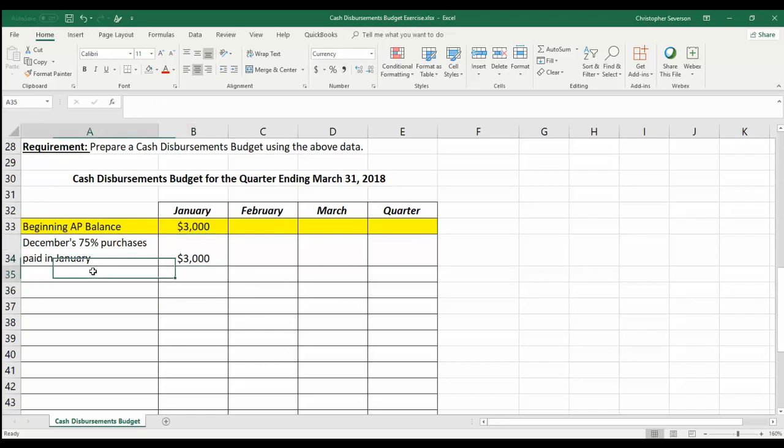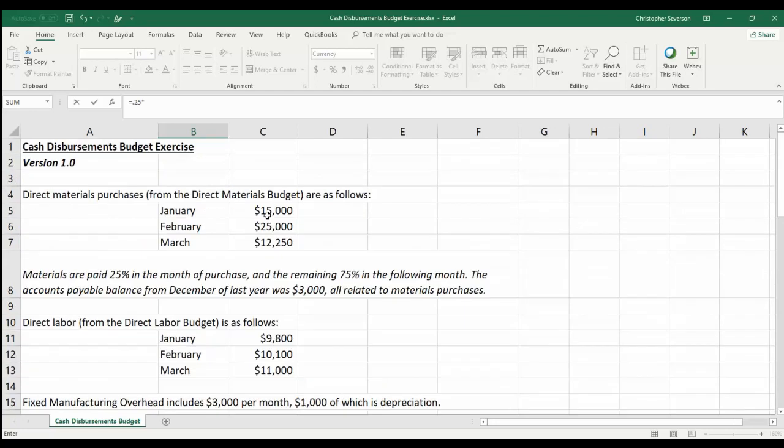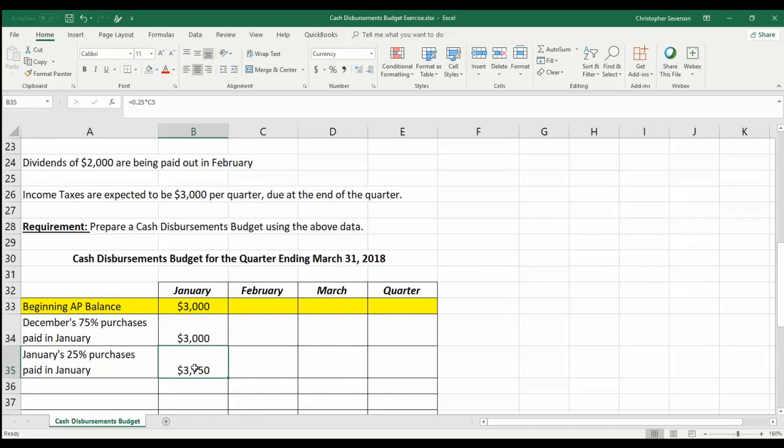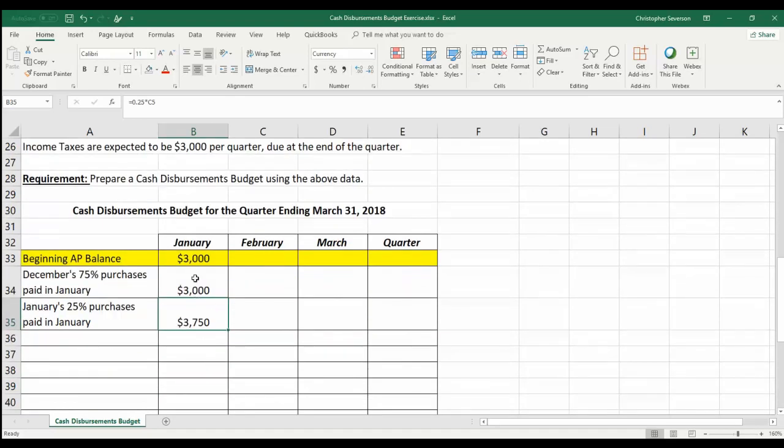And then what we're doing in January is paying January's 25% of the purchases paid in January. If we wanted to put a formula here, it'd be 0.25 to get 25%. So we'd say equals 0.25 multiplied by January's $15,000 of purchases. That'd be $3,750. That's all we have for January.